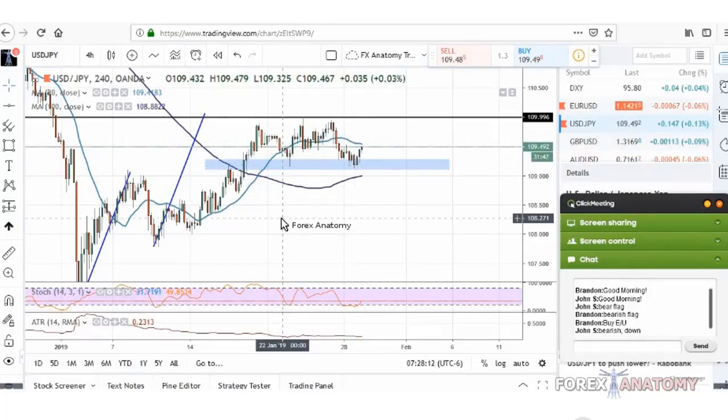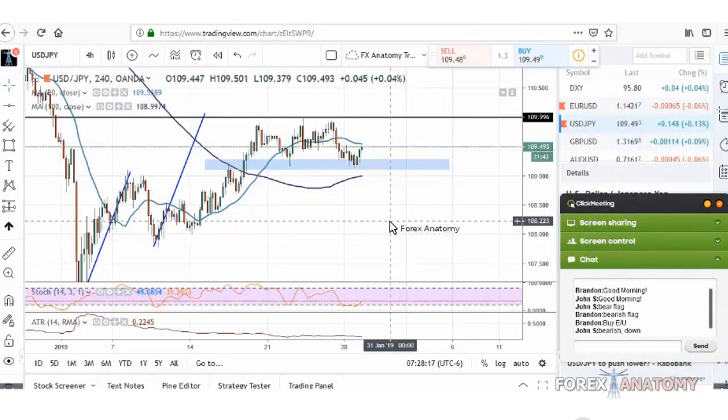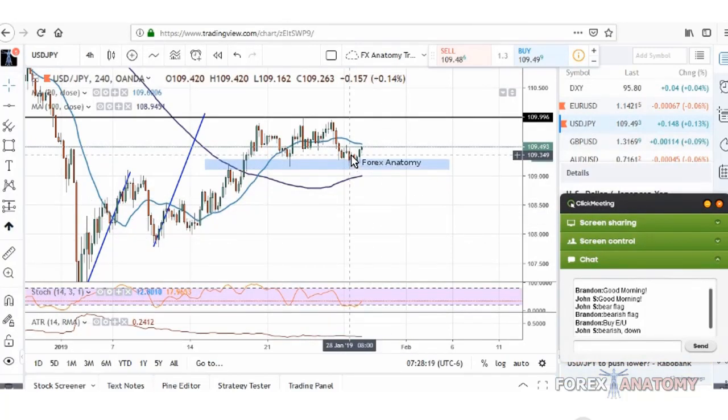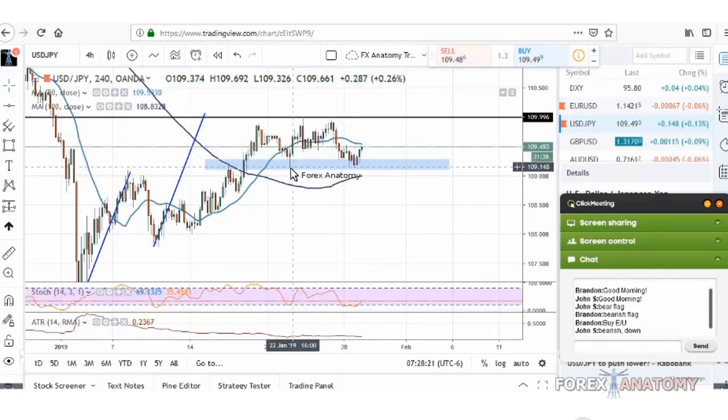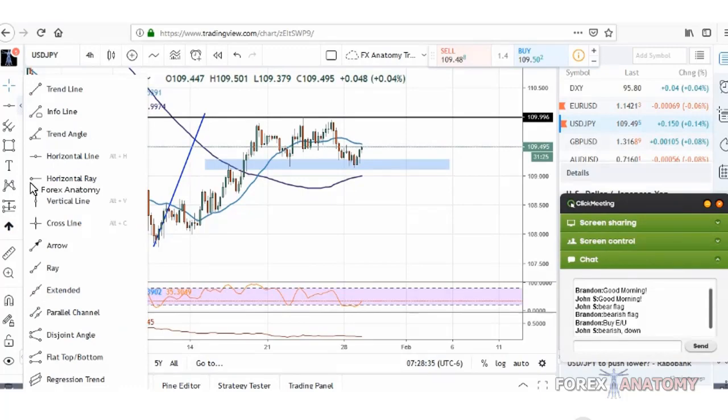So then what we really want to see before we even consider going short is a break of this low right here, this zone. We need to see a break of this low, which is at 109.147, around that level or area. What you can do is place a marker or line right around that level.